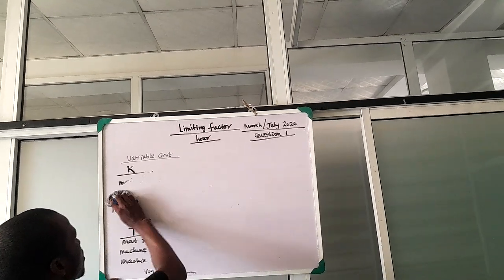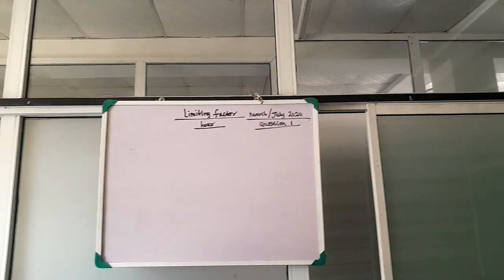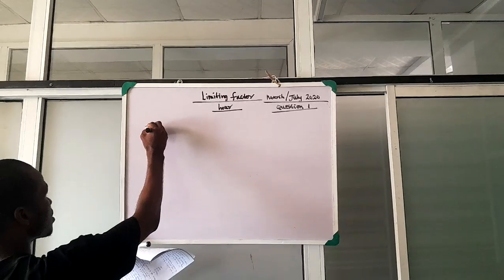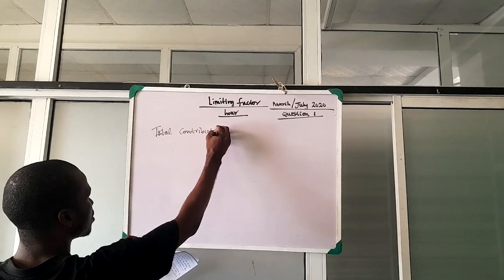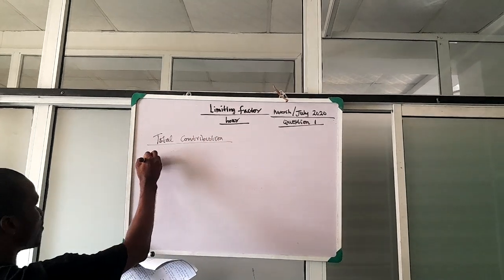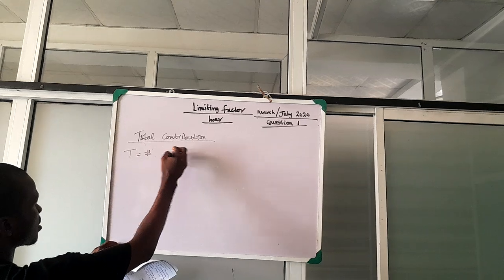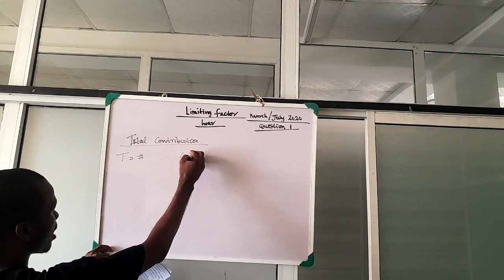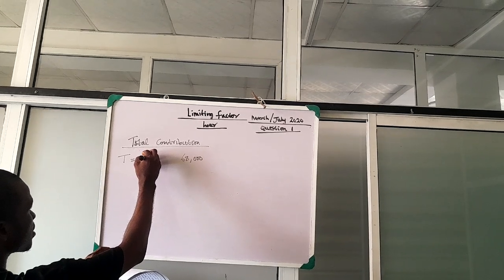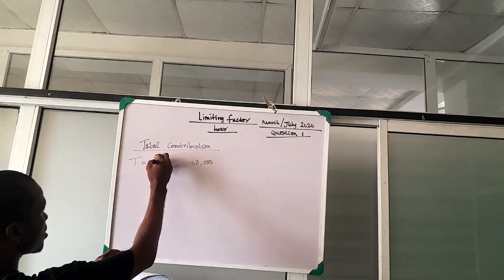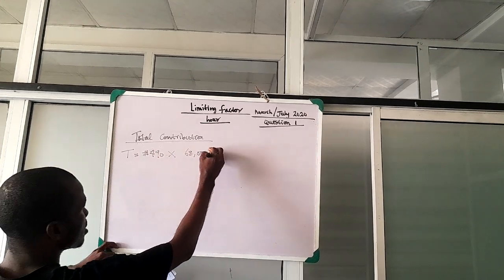Total contribution for T: the units for T were 68,000, and the contribution per unit is 490, so 490 times 68,000.